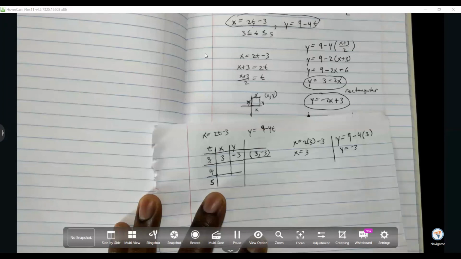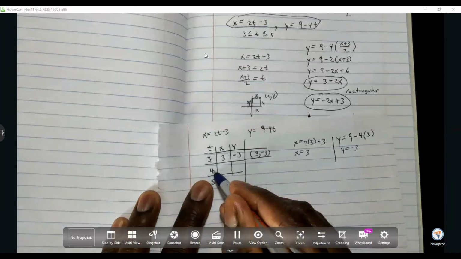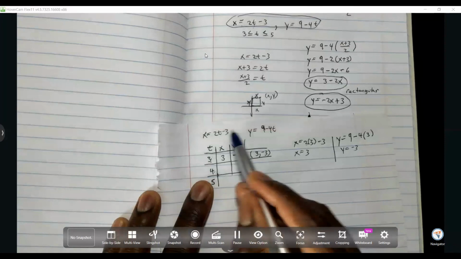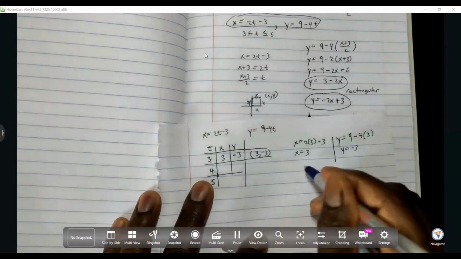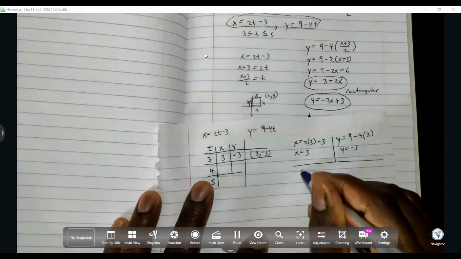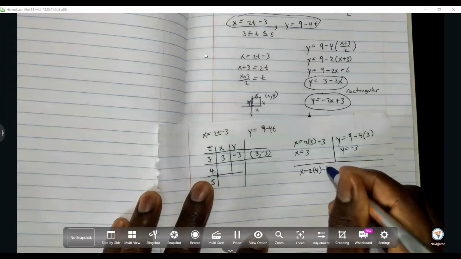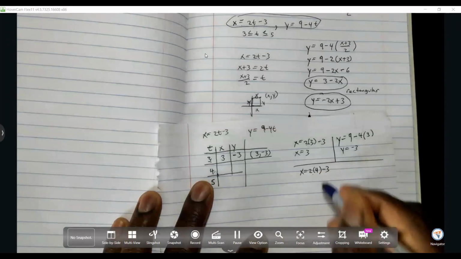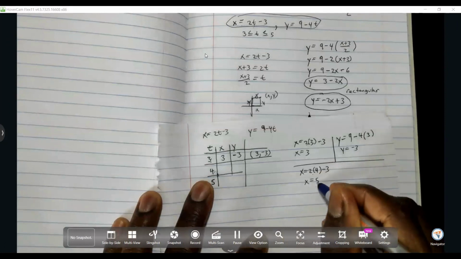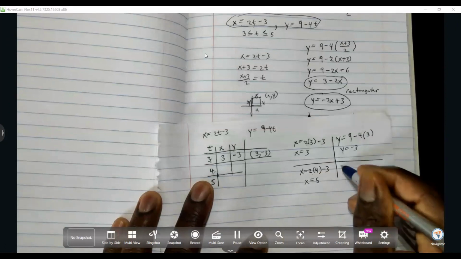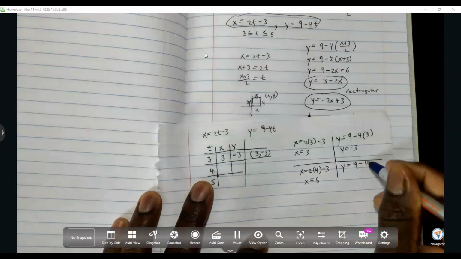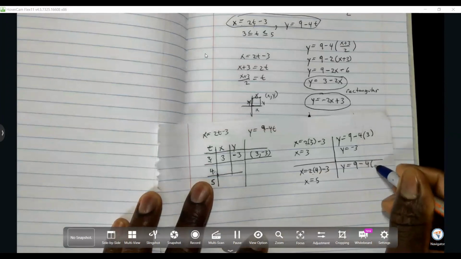Yeah. All right, so the second point, we're going to plug in this 4 as our t value in both equations. So x equals 2 times 4 minus 3, so that's 8, minus 3, 5. And on the next one, 9 minus 4 times 4.